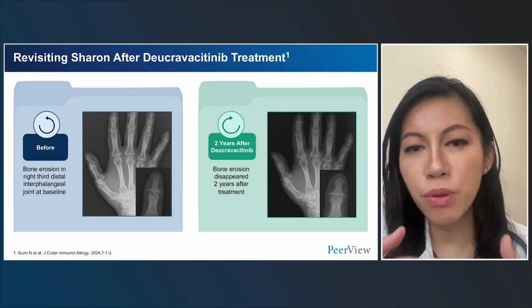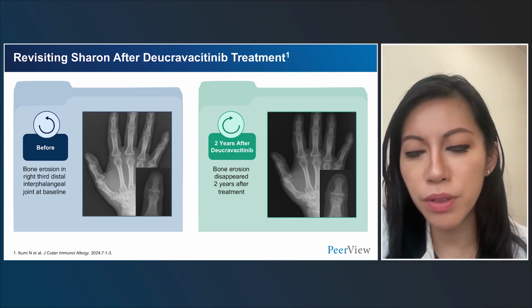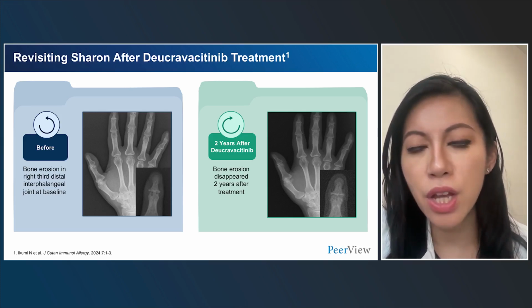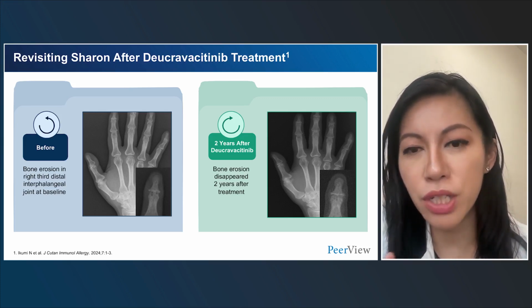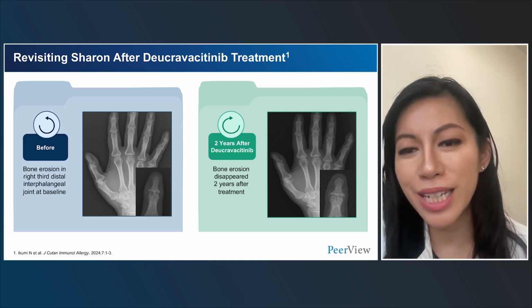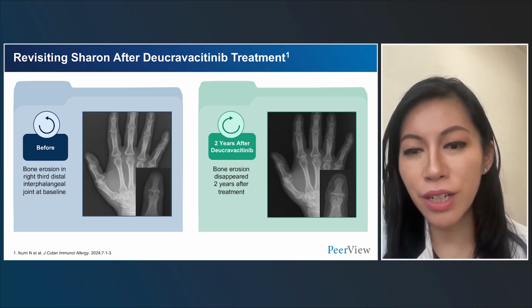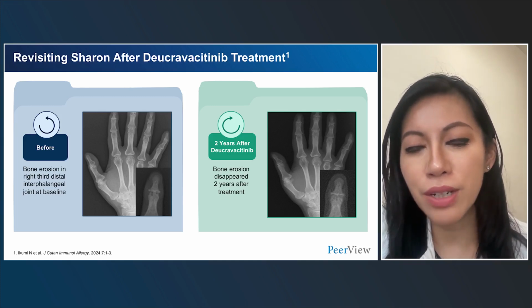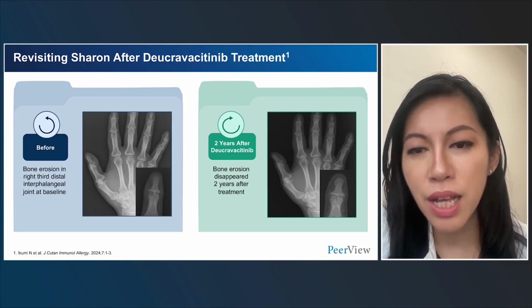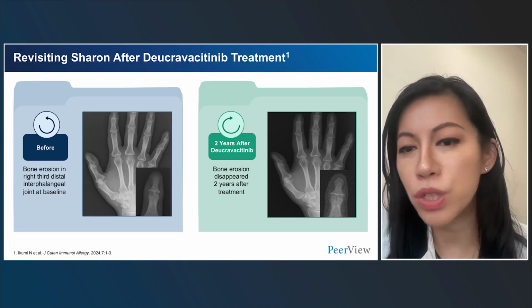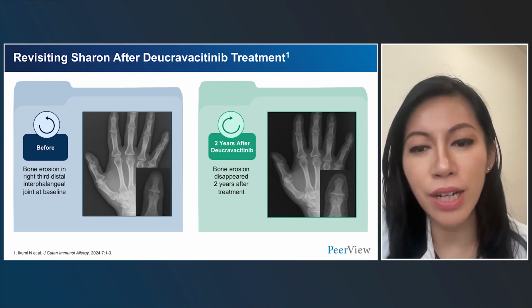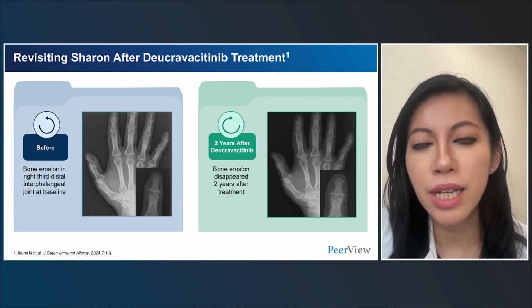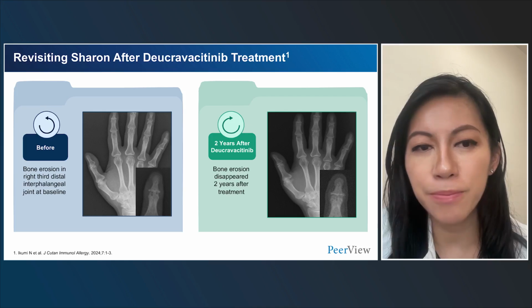Most of the time, for most of our therapies, whether it's deucravacitinib or other biologic medications, we see an inhibition of progression of radiographic damage. So, but in this patient, it's unique. It's, I would say, very encouraging that not only was there an inhibition of the progression, but also essentially in this particular patient, we don't see bone erosion there anymore. So almost a reparation of the damage that's there.